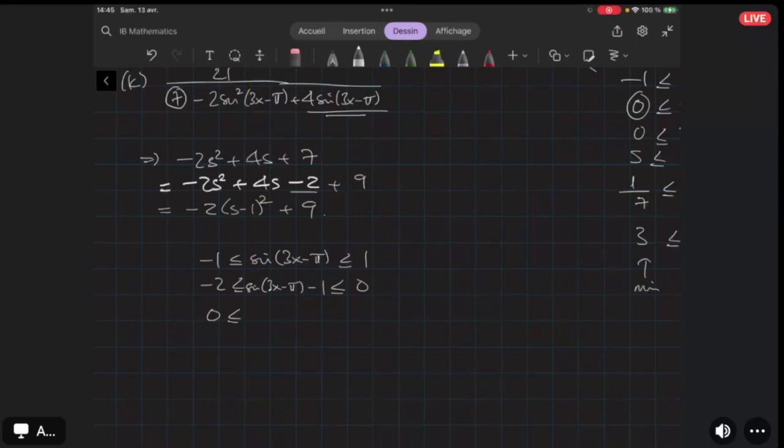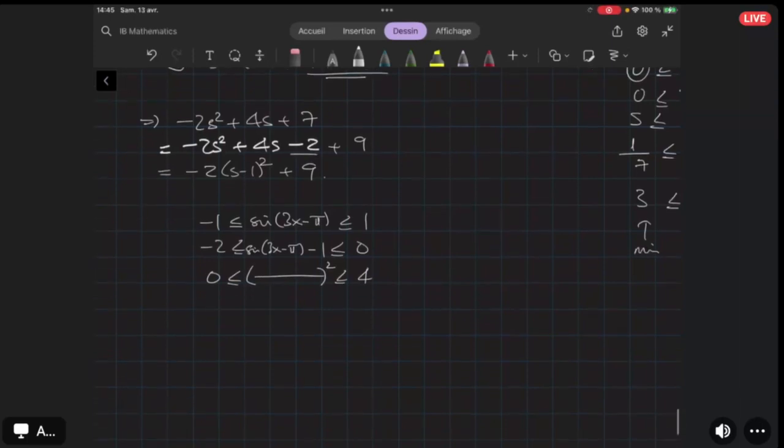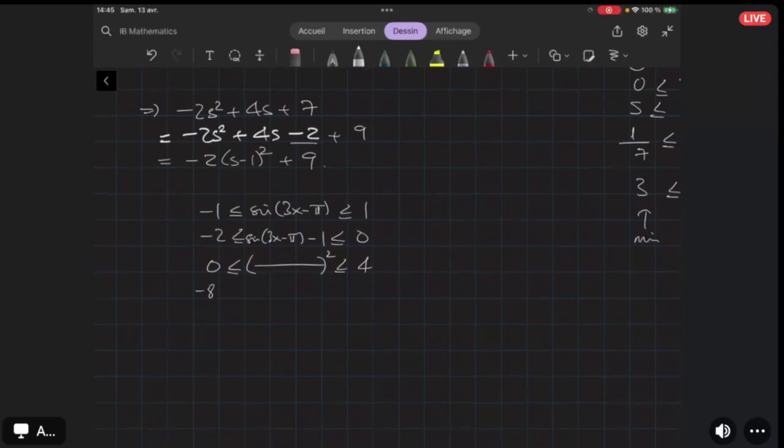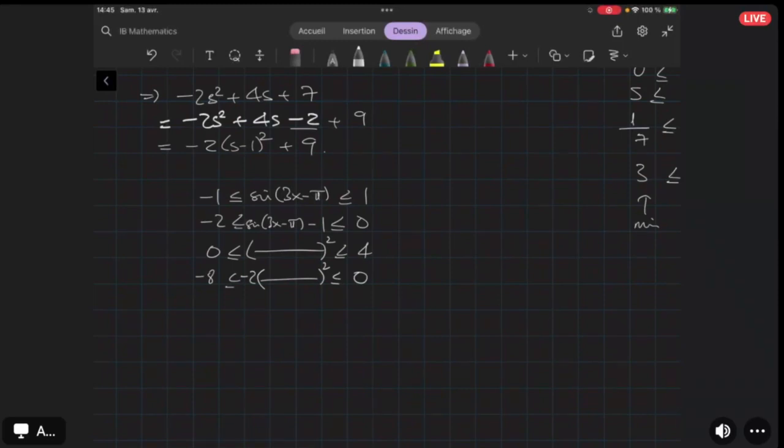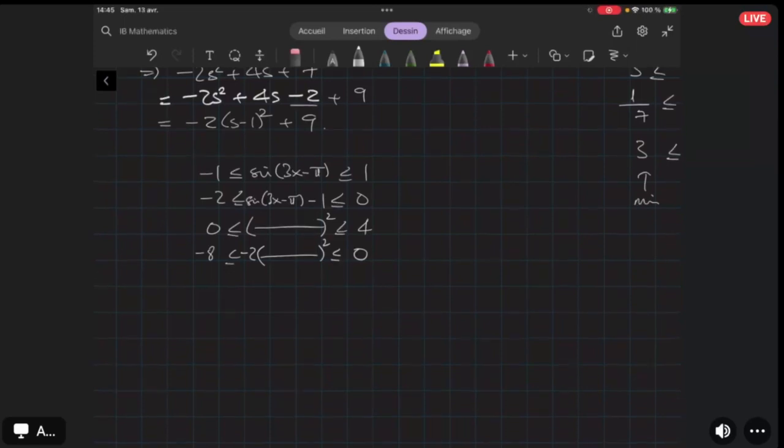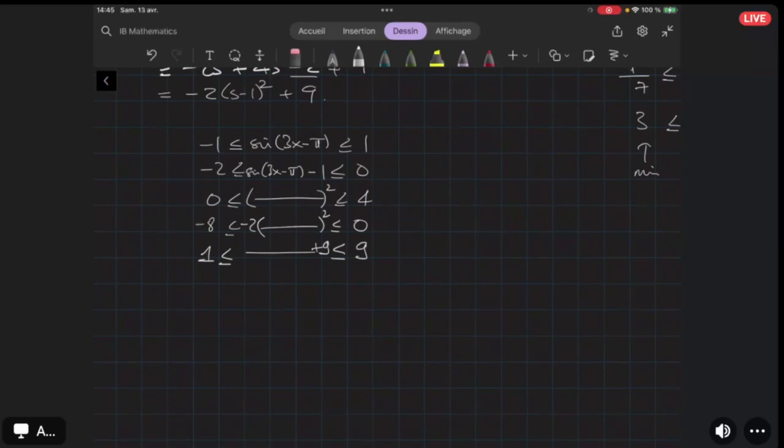Squaring this gives you 4. Multiply by -2. That changes the sign of the inequality. Yeah, it's a 7 because a 5 wouldn't work. And now we're going to add 9 to both sides of the inequality. Then you take the reciprocal.